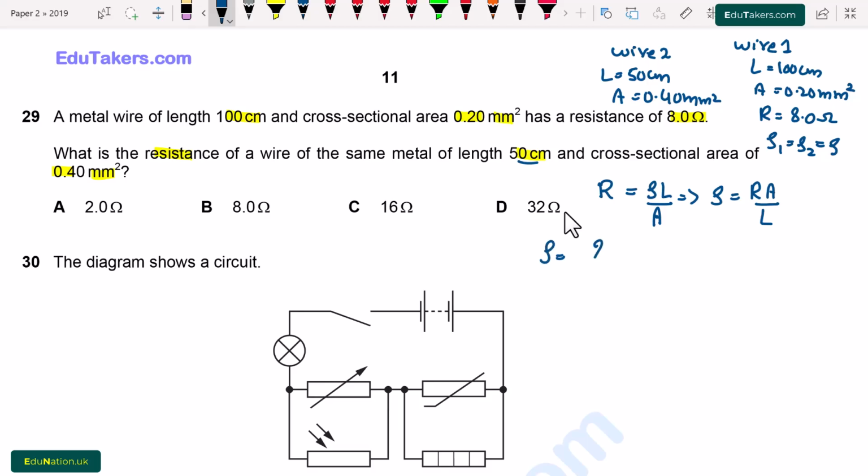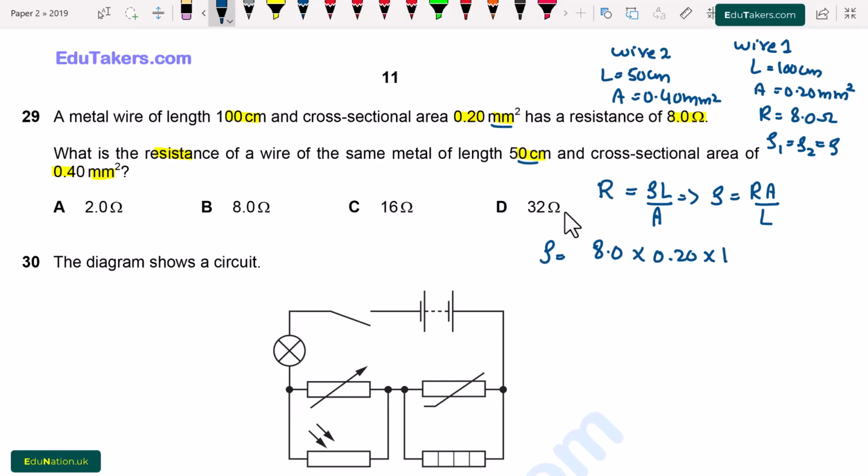resistance is 8.0 ohm multiplied by area 0.20 into, here will be millimeter square, and we have to convert millimeter square into meter square.